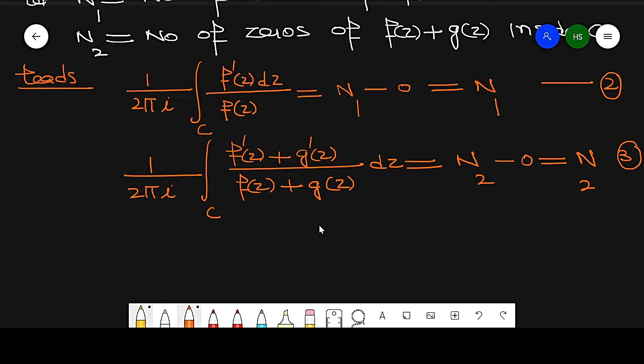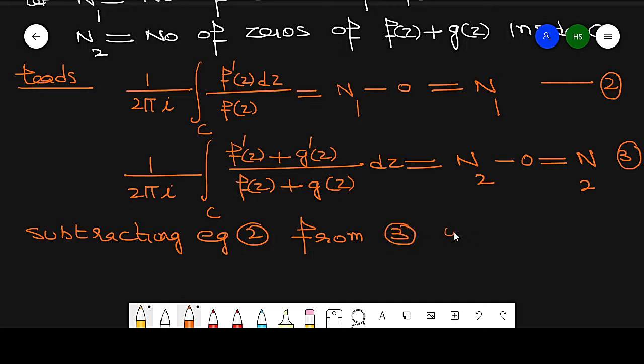Now, subtracting equation number 2 from equation number 3, what do we get? First subtract, then what we get?